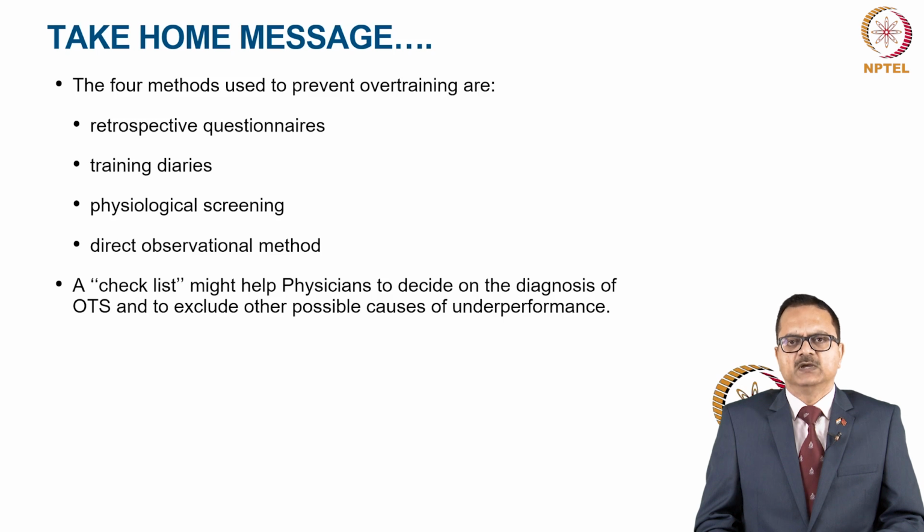Please note, early diagnosis of overtraining syndrome during the overreaching phase is more beneficial to the athlete because recovery from overreaching takes a shorter period and recovery from overtraining takes a much longer period, and certain athletes may never recover from overtraining syndrome.